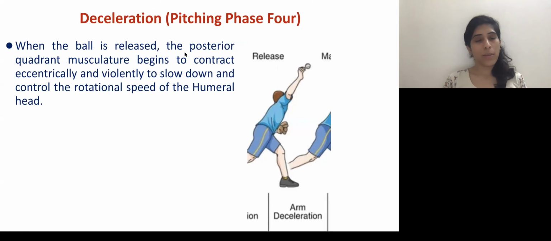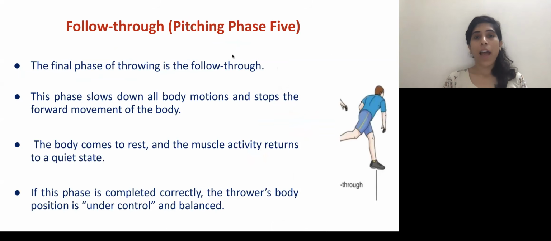And the last phase, that is the follow through phase, is the final phase of the throwing activity. This phase shows that all the body motions and movements will get slowed down and stop the forward movement of the body, and the body comes to rest and the muscle activities return to their quiet state.